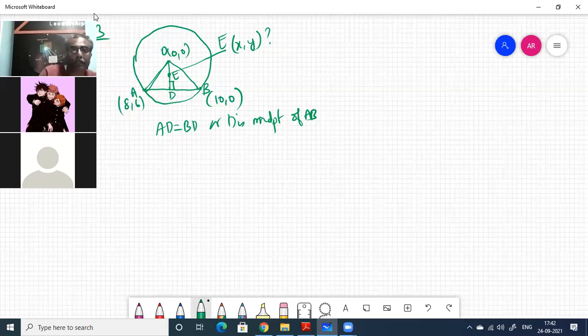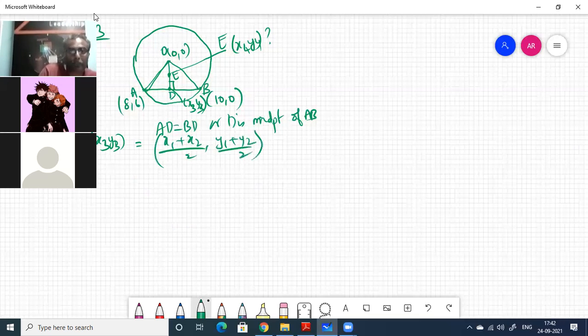Now, first thing you have to find out is the midpoint of AB. Then only you get D. Let us say D is x1, y1, or x3, y3. D is equal to (x1 plus x2) by 2, comma (y1 plus y2) by 2.